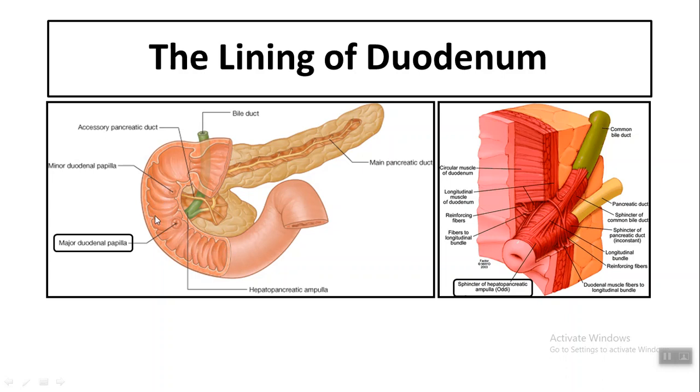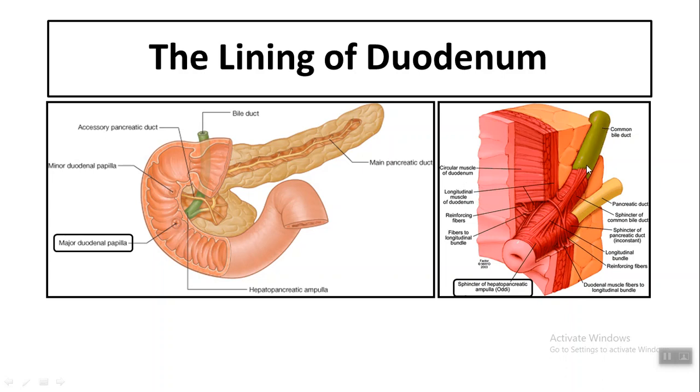At the middle of the descending part of the duodenum, or the second part of the duodenum, we have the major duodenal papilla, which is caused by the entrance of the common bile duct and the pancreatic duct.